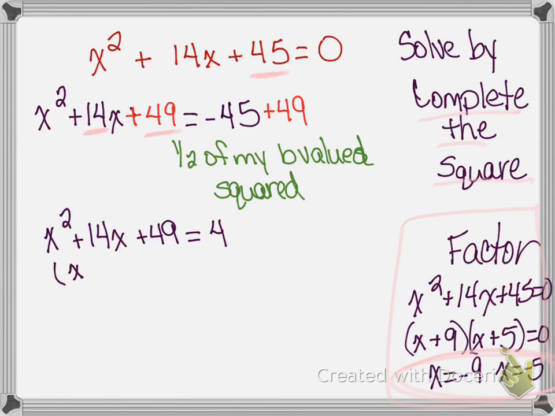So I have x plus 7 times x plus 7. 7 times 7 is 49. 7 plus 7 is 14. I can rewrite that as x plus 7 squared.